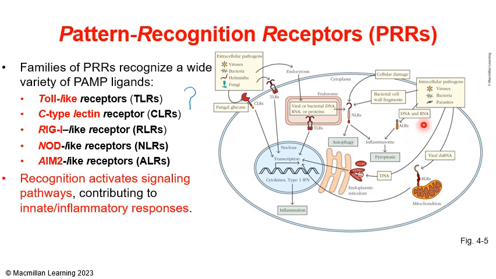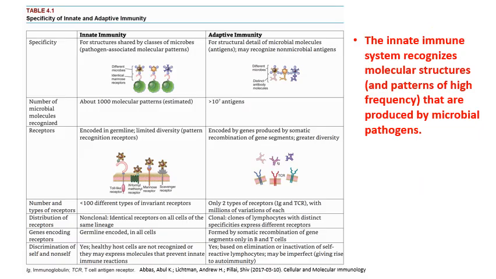Rig-I, they are important for interacting with foreign RNA and DNA, mainly viral RNA type. Okay. And you have these other types here, nod receptors. Those are important for also intracellular detection. And yeah, we do have more specifics going around. But basically they are everywhere, on the surface, in the cytoplasm, floating around. We have better slides for that. Okay, so here we go.